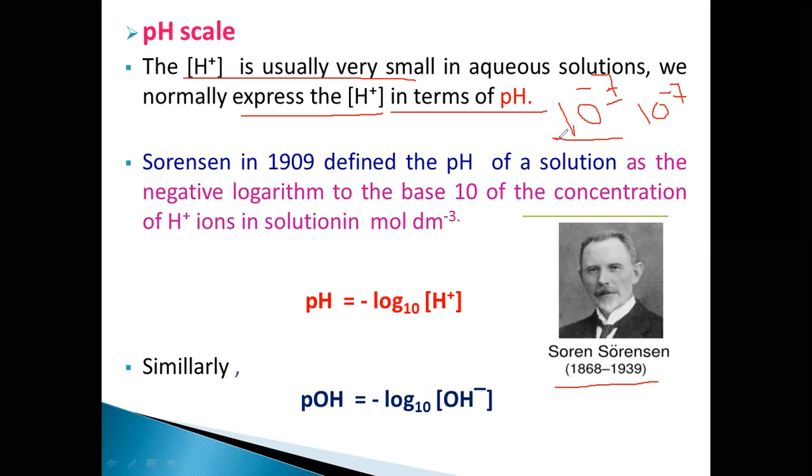Now, because of this wording 10 to the power minus 7, अगर उसको कोई सिंपल सॉल्यूशन में कन्वर्ट किया जाए तो इतना बार बार बोलना डिफिकल्ट नहीं जाएगा, राइट? तो ऐसा ही सोरेनसन ने थोड़ा सोचा होगा, एंड ही गिव ए स्केल that is called as the pH scale, and he also produced one of the formula of pH in the year 1909.